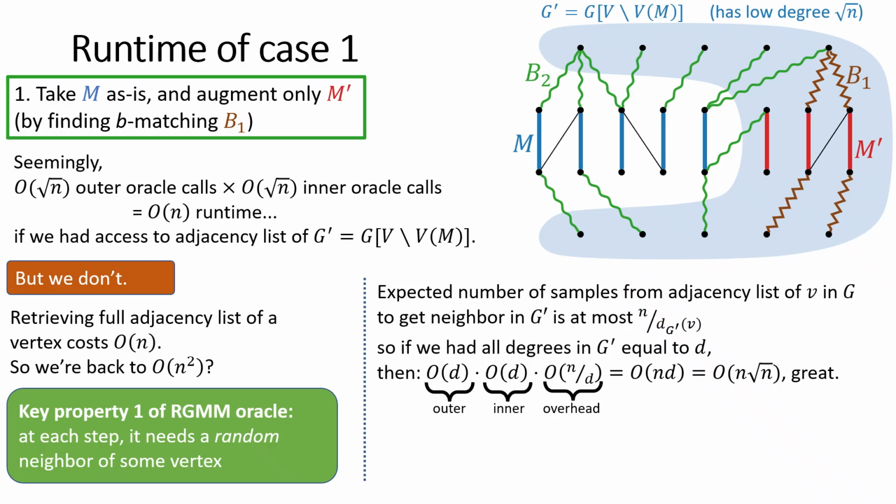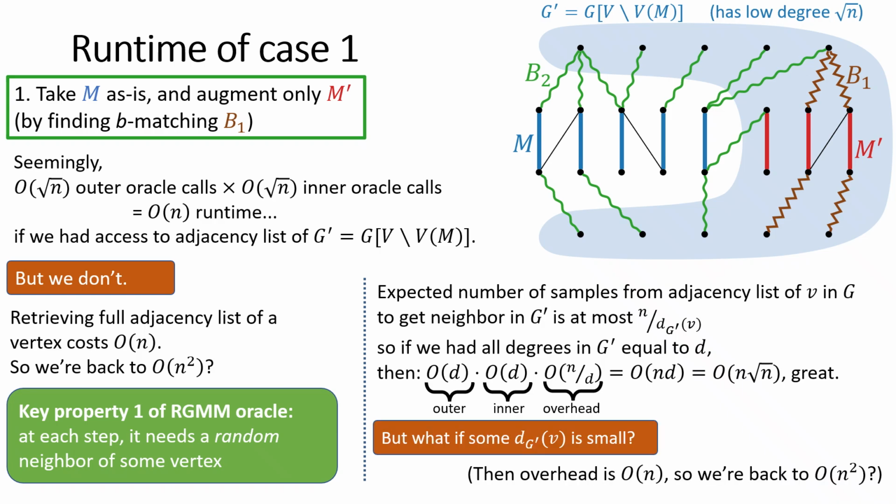If all the degrees in G prime were equal to d, we would get d outer oracle calls times d inner oracle calls, and this n over d overhead, that's n times d, and d is small, so this is great. Almost happy. The only slight issue is that maybe some vertices have small degree in G prime. Then the overhead can be O(n).